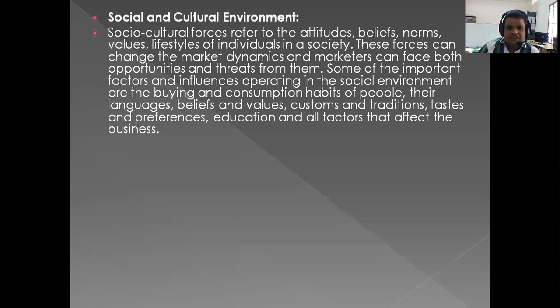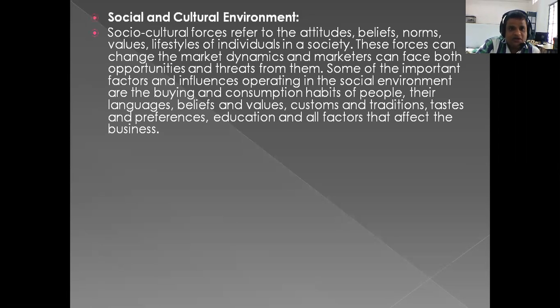These forces can change the market dynamics, and marketers can face both opportunities and threats from them. It is saying not to take the social and cultural environment lightly, because it has the ability to change the entire market dynamics, and you will face certain threats also from it.